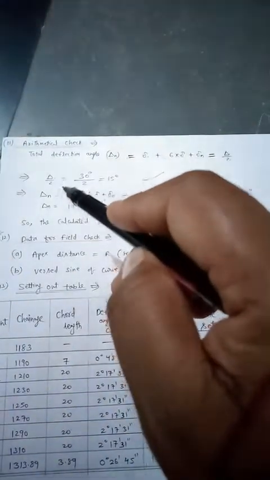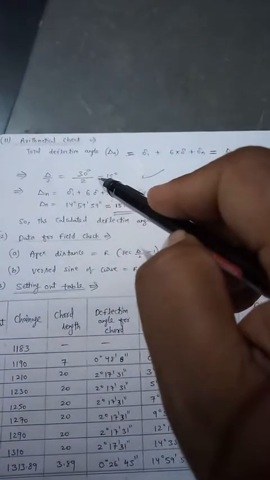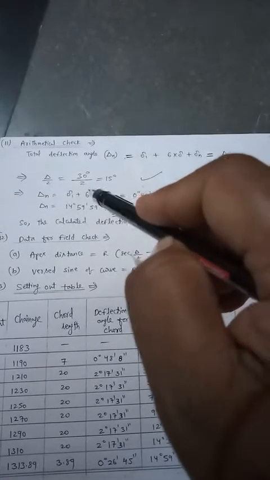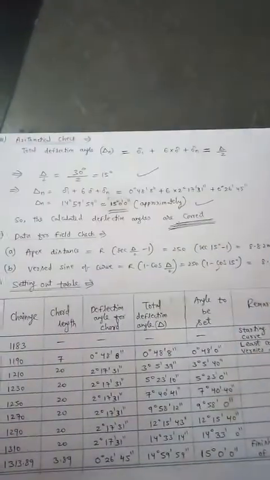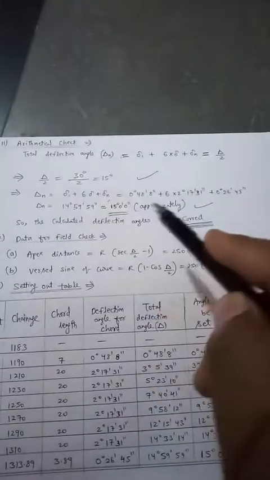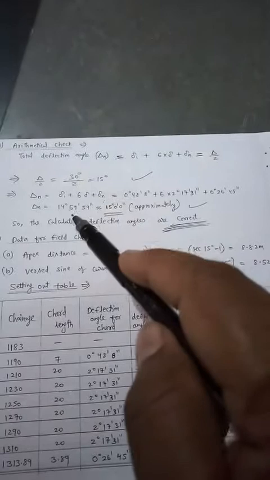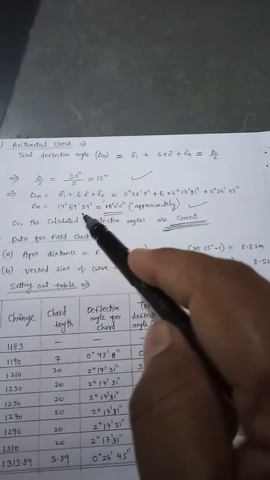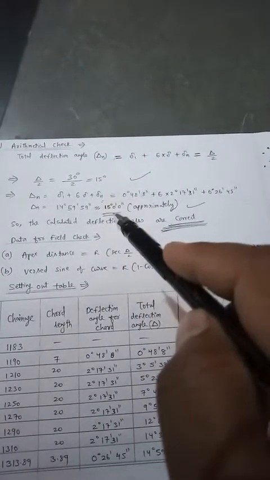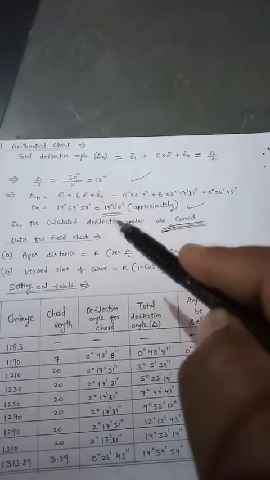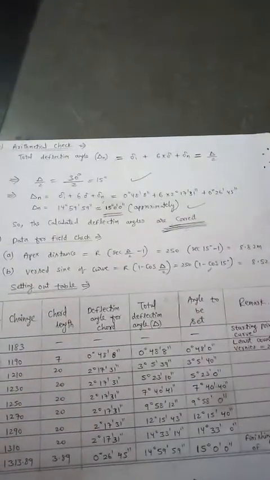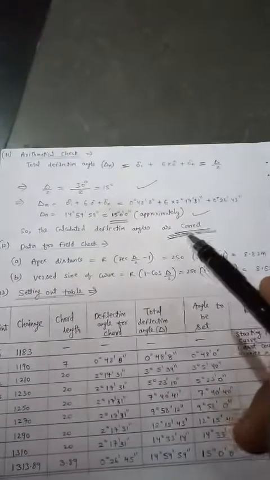Delta is the deflection angle given, so delta by 2 we will get 15 degrees. So whatever angles we have got, we have to put in, and finally we will get this angle, approximately 15 degrees. So the check is correct, 15 degrees, 15 degrees. So the calculated deflection angle is correct.